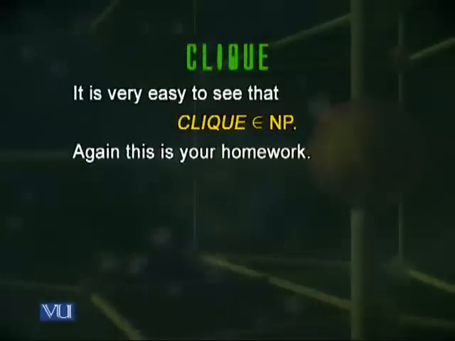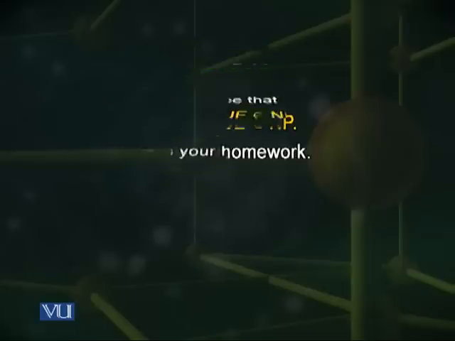Well, in order to prove NP-completeness, remember we have to do two things. First of all, we have to show that CLIQUE is a problem which belongs to the class NP. How do we show that some problem belongs to the class NP? We have to simply give a verification algorithm. And this part is usually very easy.